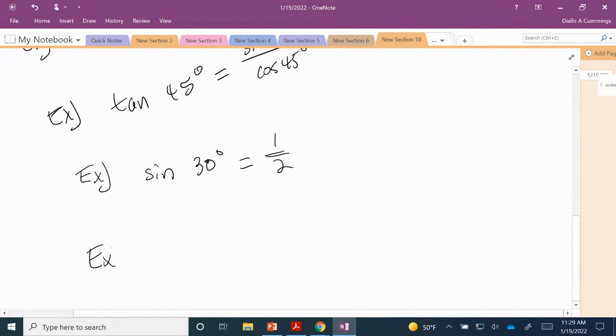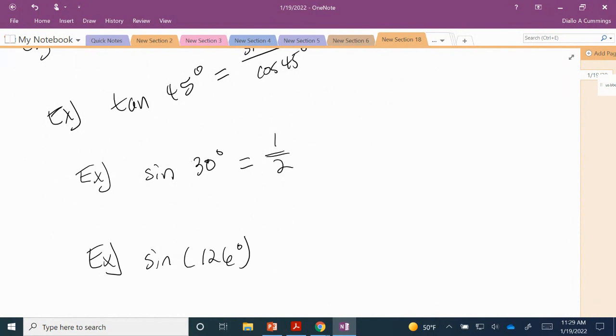Now, there are some angles for which we're going to be asked to find the trig values that are not in the unit circle. For example, here we're asked to find the sine of 126 degrees. Now, normally in the directions, if you're asked to use your calculator, it'll tell you to use your calculator.